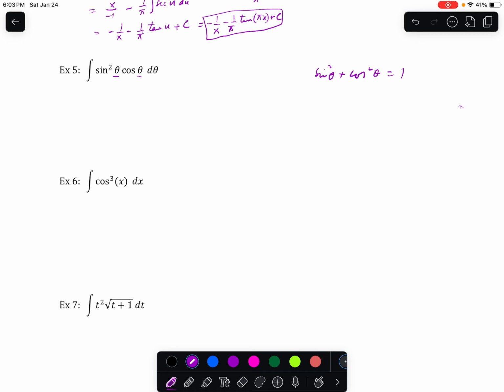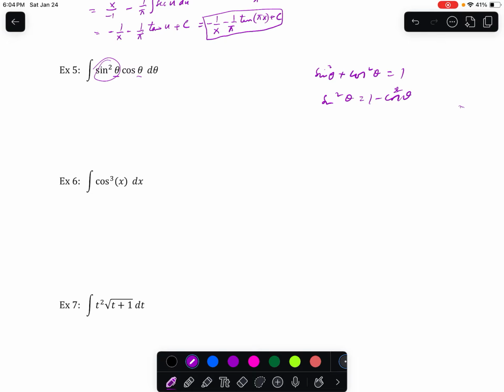So I have this sine square theta. I could write it as sine square theta equal to 1 minus cosine square theta. That comes to mind, right? But will that be helpful? That is the question we need to ask. Will this be helpful, if I change this sine square to 1 minus cosine square?